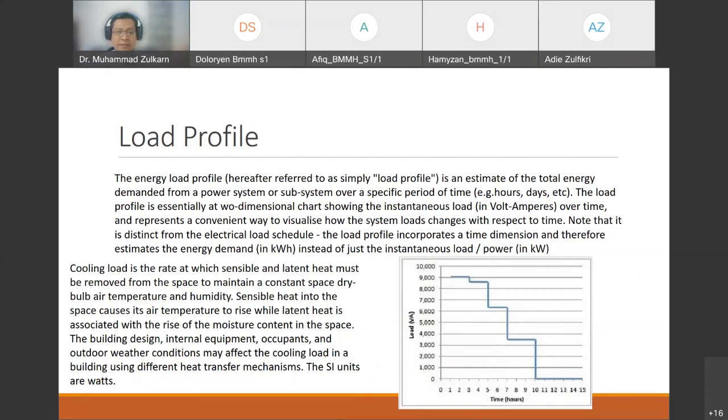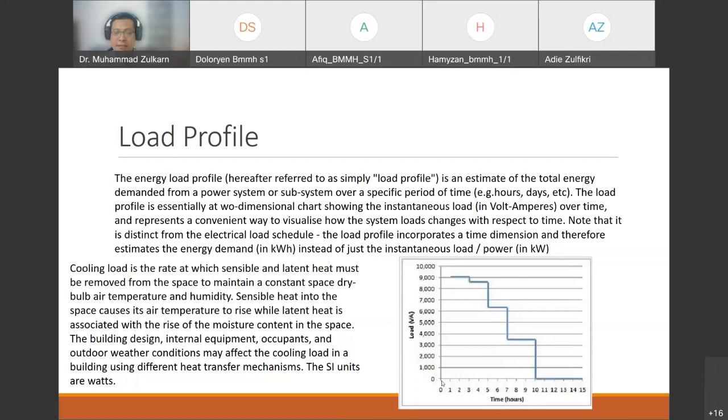Instead of just the instantaneous load per power in kilowatt, the load profile is by the time. So let's check, for example, a load profile: how much energy is consumed at that power.